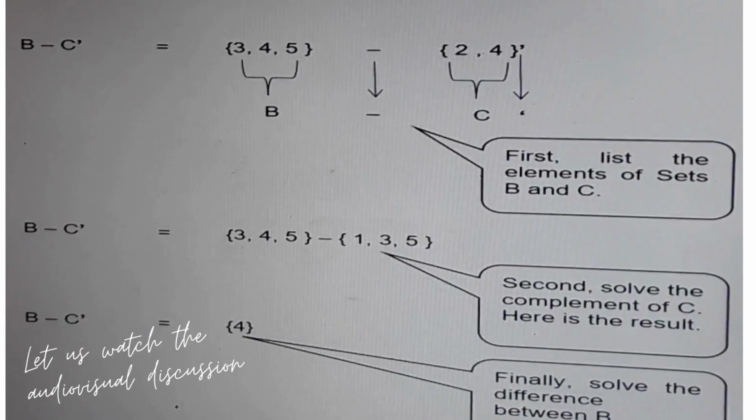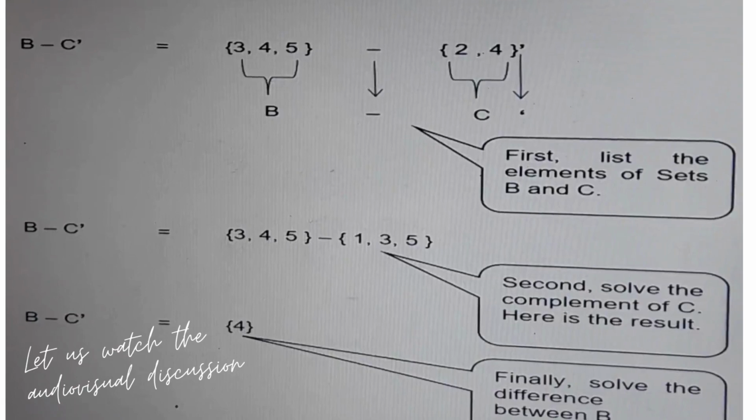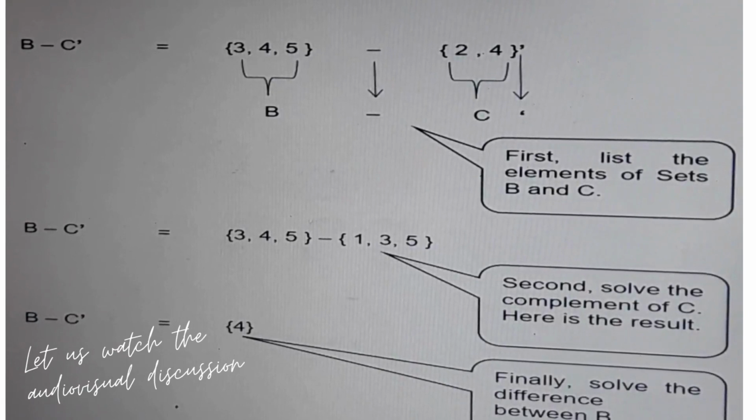For letter C, find the difference between B and C complement. So, enumerate all the elements in B minus all the elements in C complement. We have 2 and 4 in B. But notice that before finding the difference between the two, you first have to find the complement of C. So what is the complement of C compared to the universal set? We have 1, 3, and 5 for C complement.